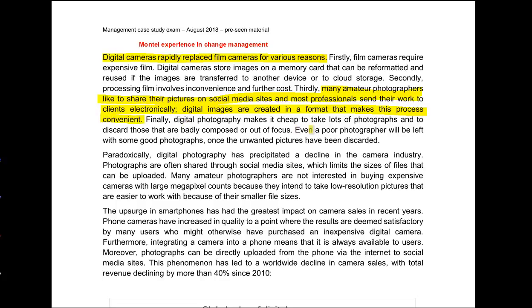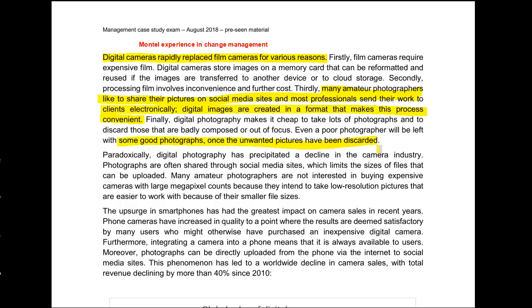And also, a poor photographer will be left with some good photographs once unwanted pictures have been discarded. So basically, it's the ease and cheapness by which they can be used, giving us the idea that analog cameras are an extreme niche, or actually just completely defunct as far as cameras go, because everyone wants things to be electronic.